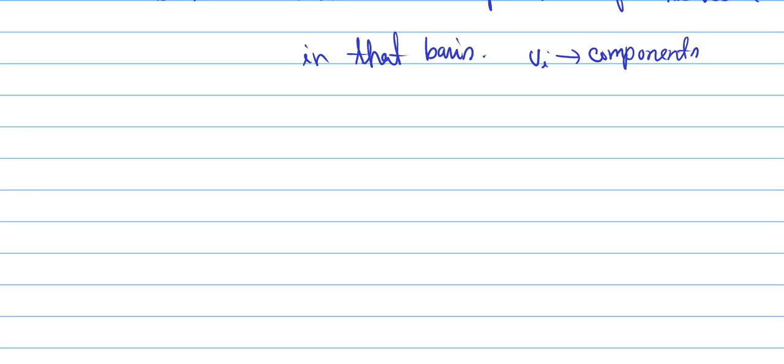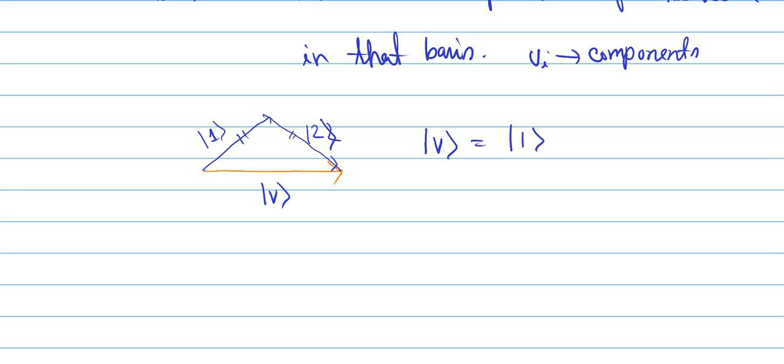Let's say you have an arrow vector like this, and you are representing this vector with, let's say, this 1 and this 2. Let's say this is your vector v. In this basis system, this 1 and 2 are linearly independent, and your v will be 1 plus 2.